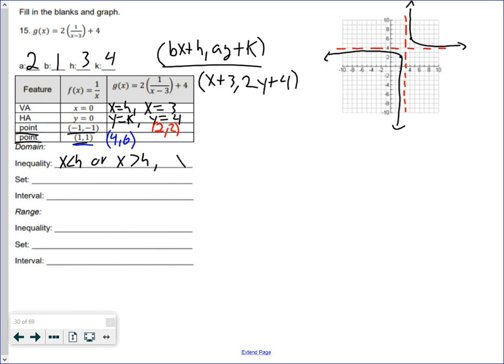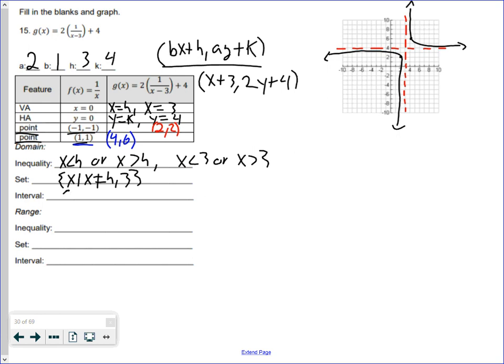So in this problem, x is less than 3, or x is greater than 3. Set notation: every x value such that x does not equal our h value, which is 3. Don't actually put the h. I'm just putting this so you actually know that it's based on the h. Every x value such that x does not equal 3. In this case, it's always going to be h, so in this case, 3.